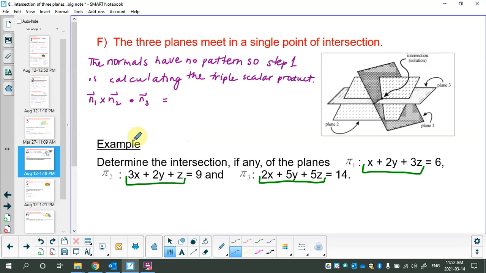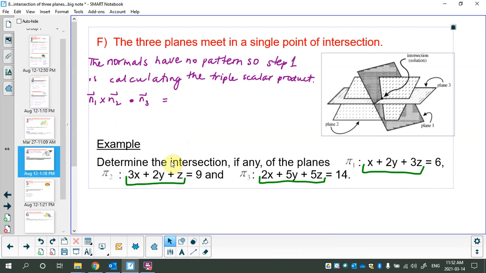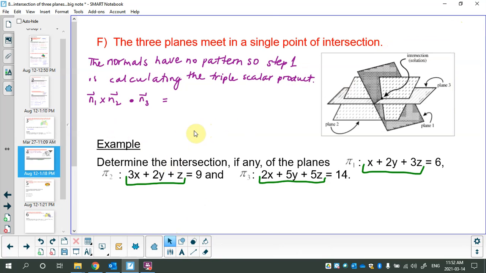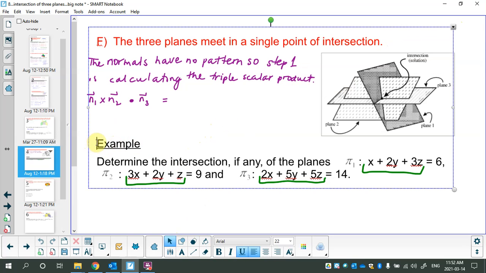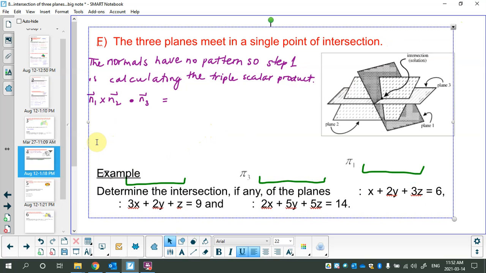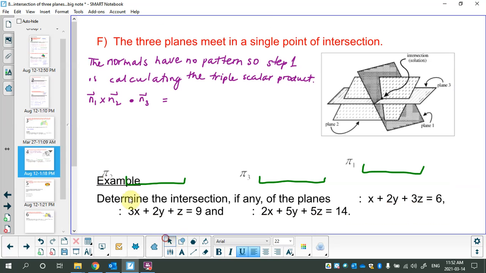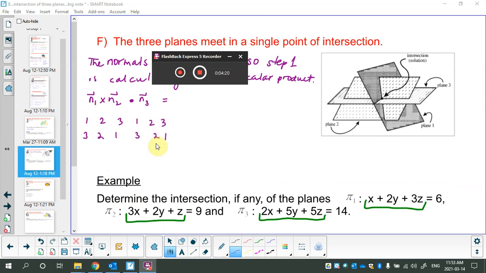So first thing I'm going to do, and I don't know if this is movable. Nope, would not make any sense to make it movable. Of course, that doesn't help. I'm going to pause, fix this stuff, come back.